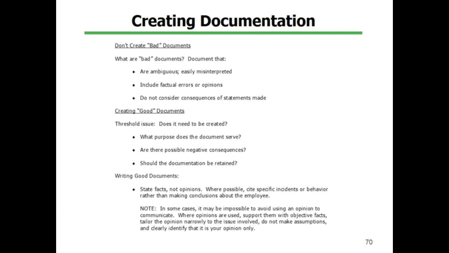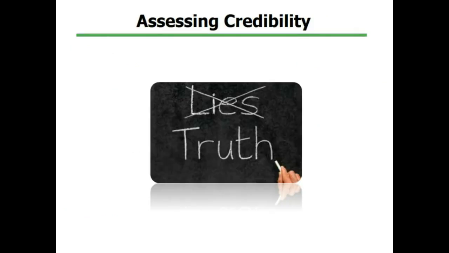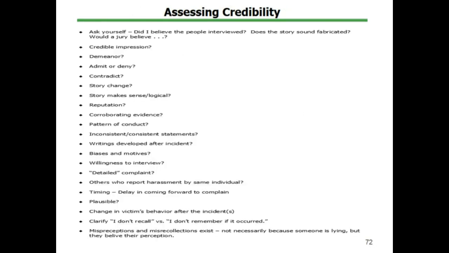Now, how do you assess credibility? All right, for each individual. Now, take a look at this. You will have to document if you think each person is credible and why. Now, this gives you a bunch of bullets.